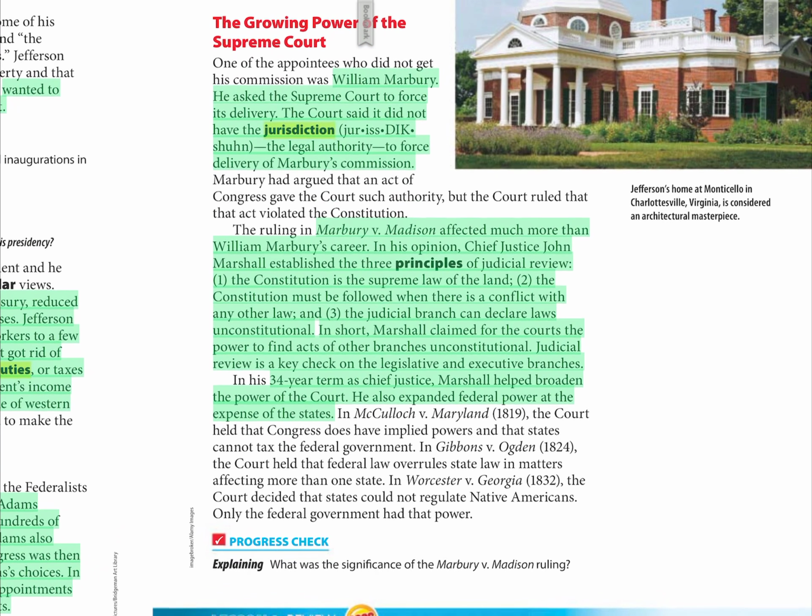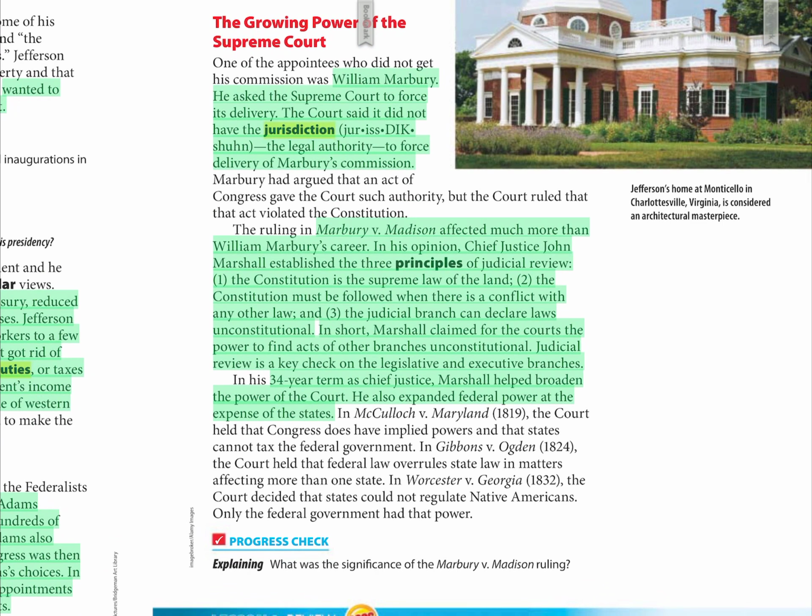So William Marbury was one of these judges that was supposed to have this appointment, and he sued to try to get the Supreme Court to make them deliver his paperwork so he could be a judge. And interestingly, the Supreme Court said, no, I'm sorry, we don't have the power to do that. That's not our job.